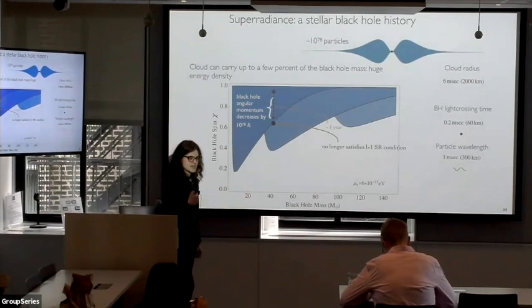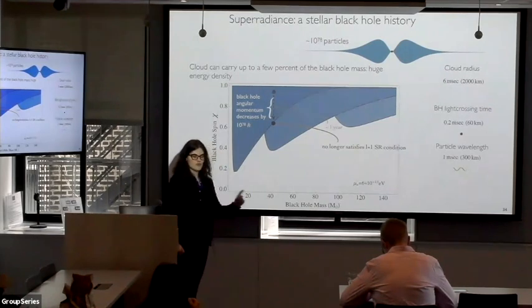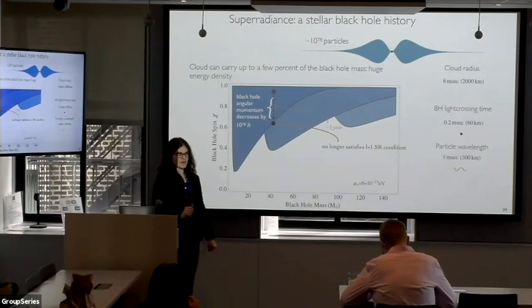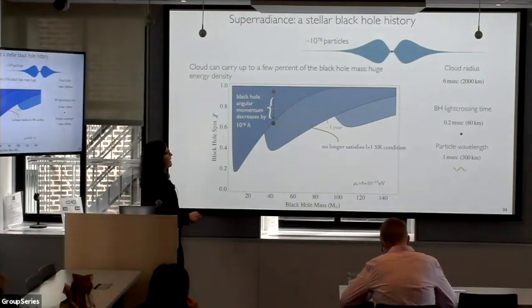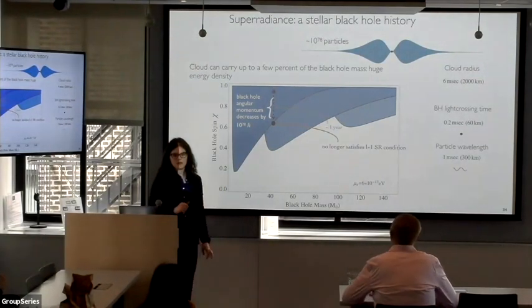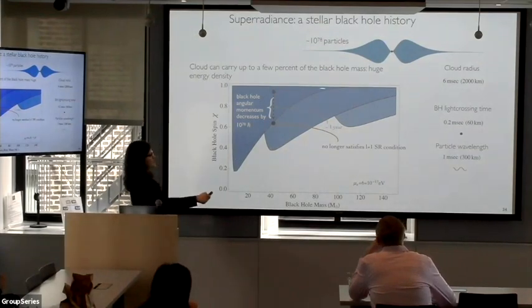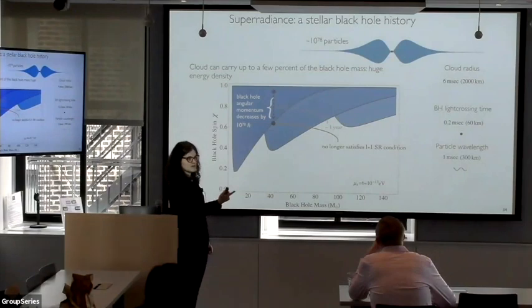If you convert that into h-bar units, that's 10 to the 78 units of fundamental angular momentum. Each of the axions carries 1 unit of angular momentum. So at this point, there are 10 to the 78 particles in the cloud, and the black hole has spun down by order 1. Now it no longer satisfies the superradiance condition because the black hole and the cloud are co-rotating, and that's what stops the growth.